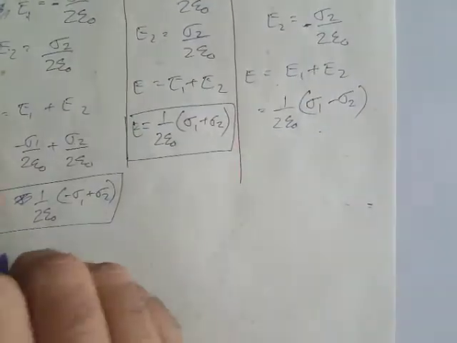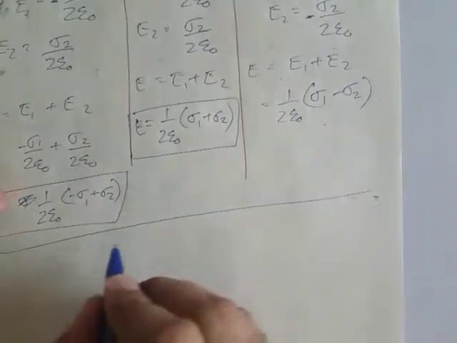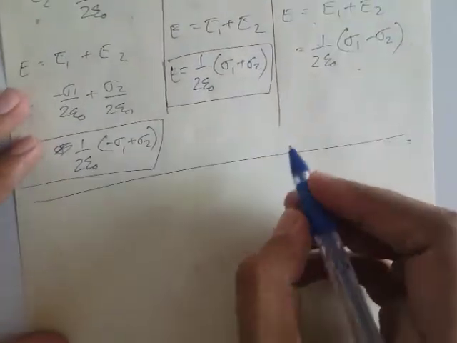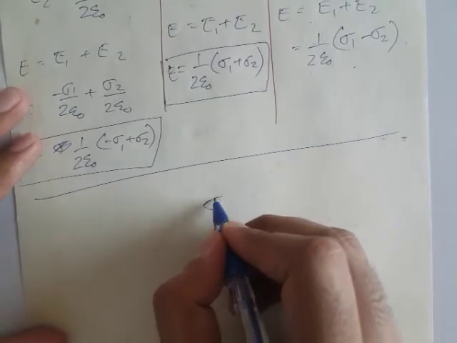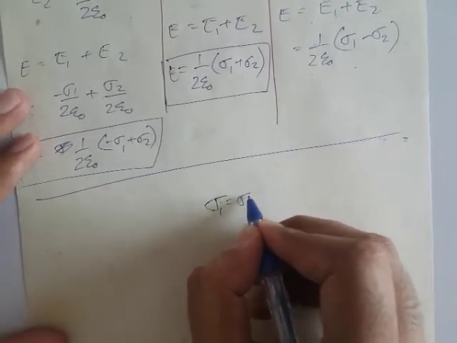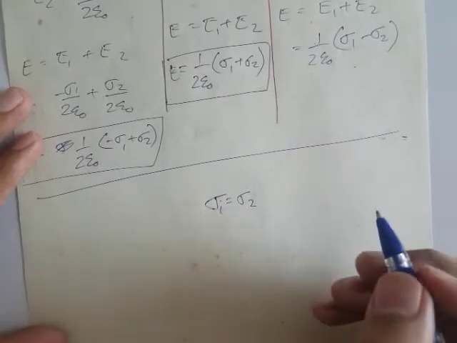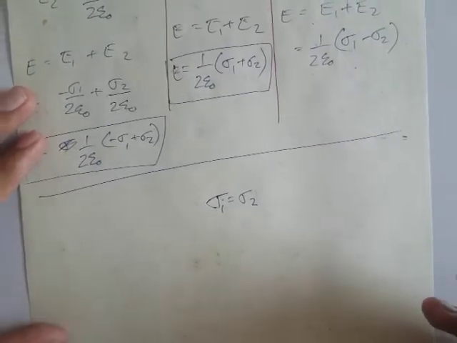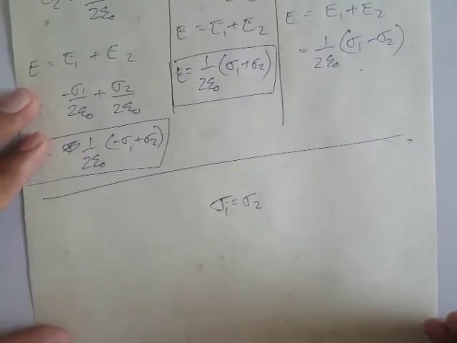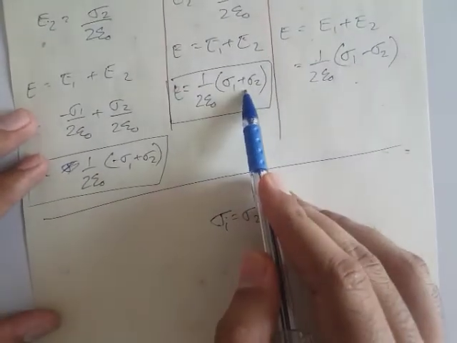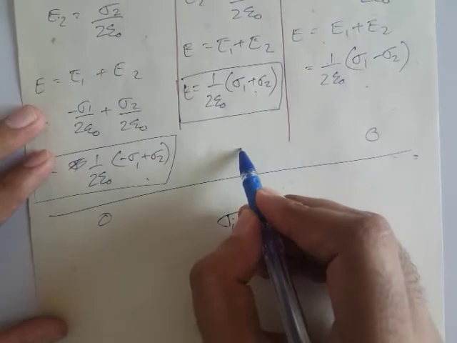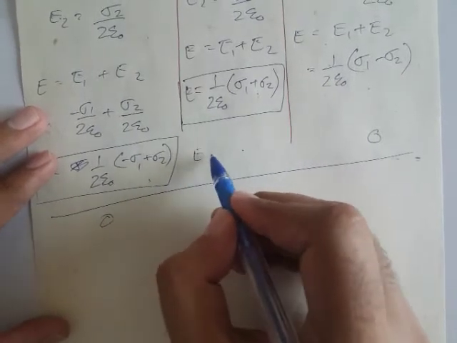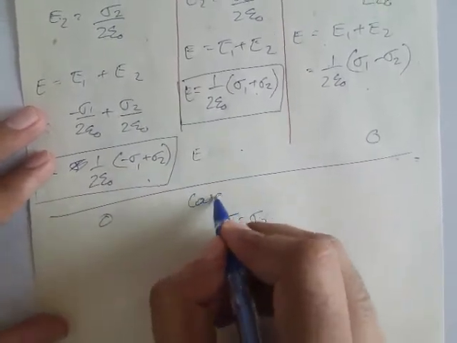Now in the same way, let's take the cases. In the center, if sigma 1 equals sigma 2, meaning they are charged oppositely, in this they will add up, but where we will get 0 is outside.